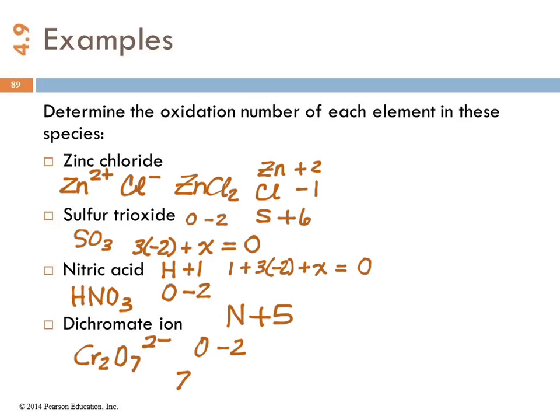So we have 7 times minus 2. And now we've got plus 2x. There are 2 chromiums. We want the oxidation state of just 1. So we have 2 chromiums times the oxidation state on each of them, and this adds up to what? Negative 2.